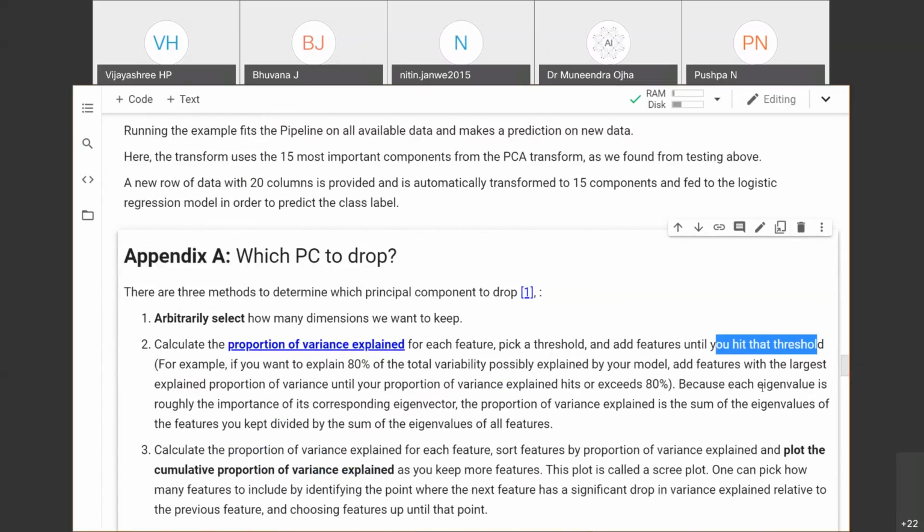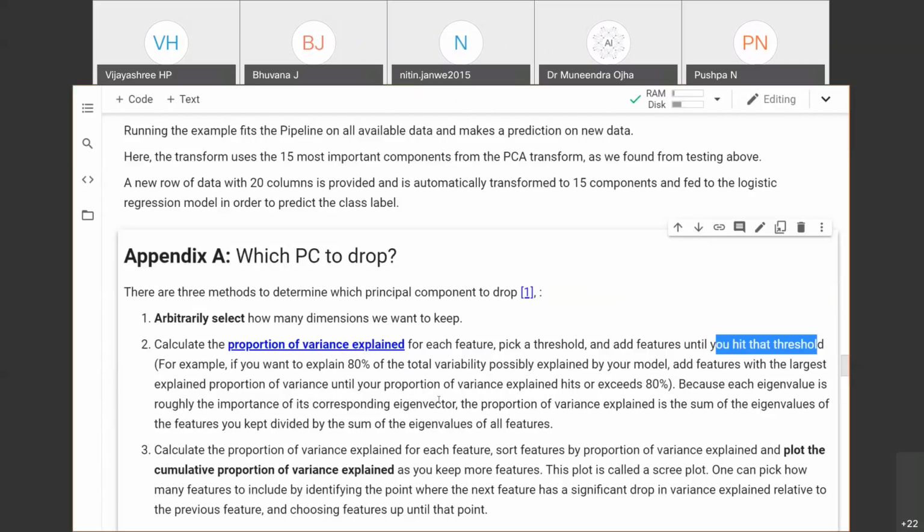Because each eigenvalue is roughly the importance of its corresponding eigenvector, the proportion of variance explained is the sum of eigenvalues of the features you kept divided by the sum of eigenvalues of all features. So adding the PCs is going to add more variance explained.